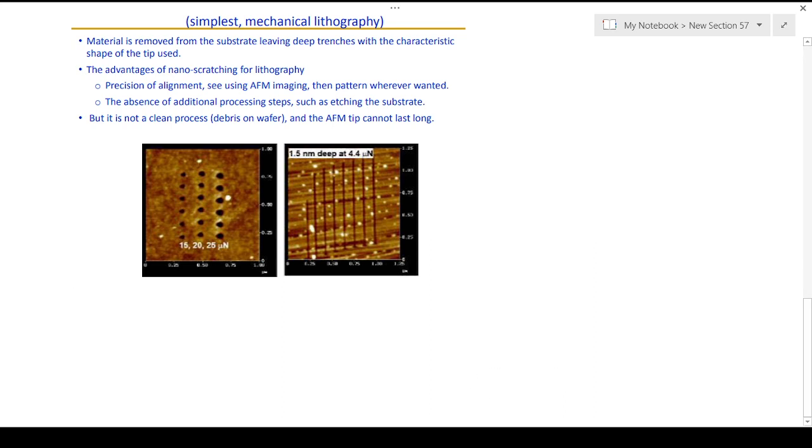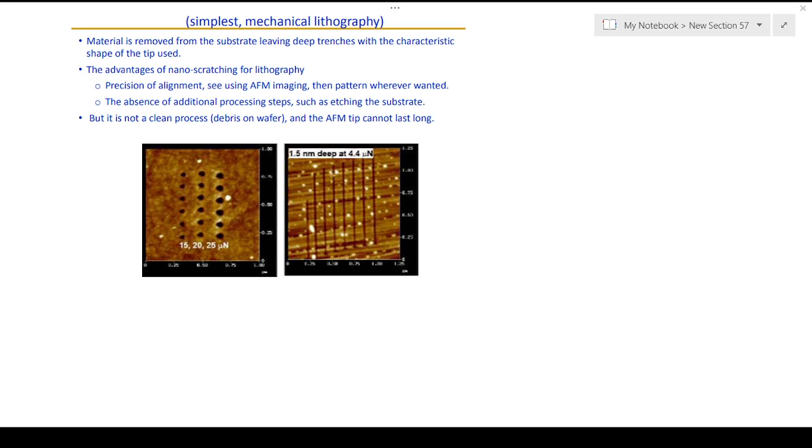The next one which we talk about is scanning probe lithography. It is again a method that, as we said, is a general representation of AFM lithography.